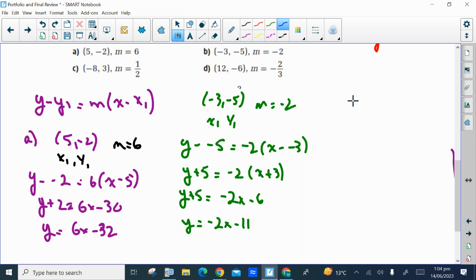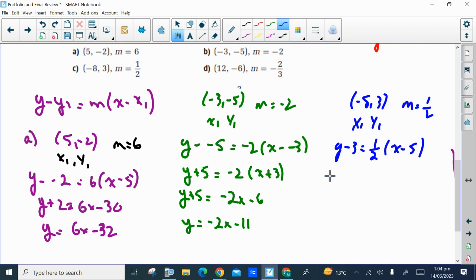Question C, let's do that. The point is -8, 3. So there's x1 and y1. Our slope is 1/2. So it'll be y minus 3 equals 1/2 bracket x minus 5. That's point slope form. If you multiply out the brackets, you're going to have 1/2 x minus 5 over 1 times 1 over 2 is 5/2.